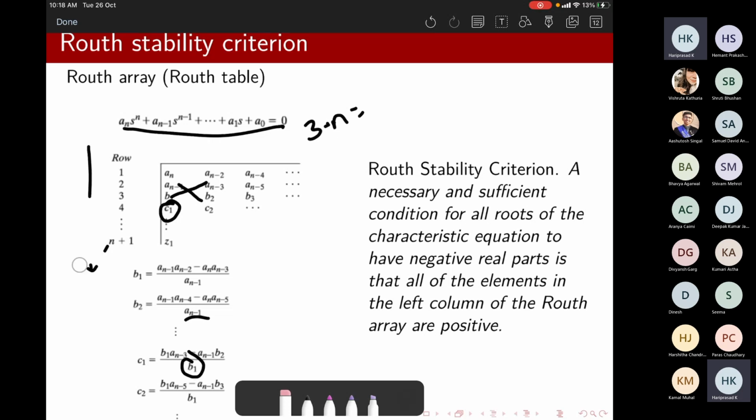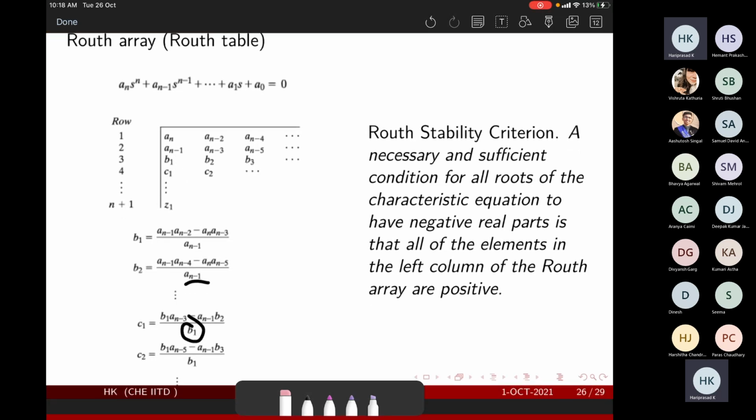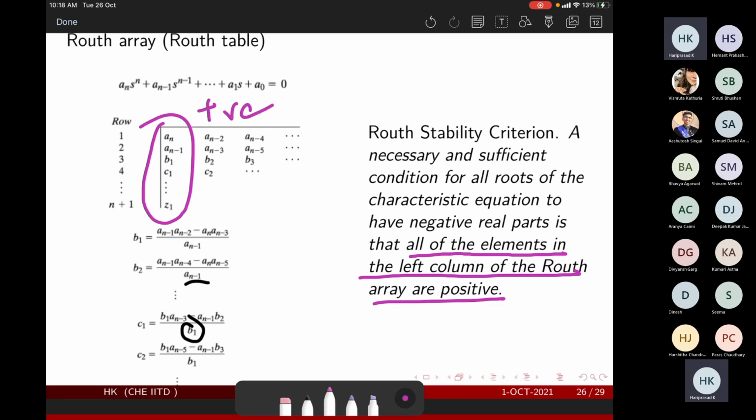And the check that you need to do is to always make sure that all the elements of the leftmost column, which is the first column, are positive. Then you can say that the system is stable.